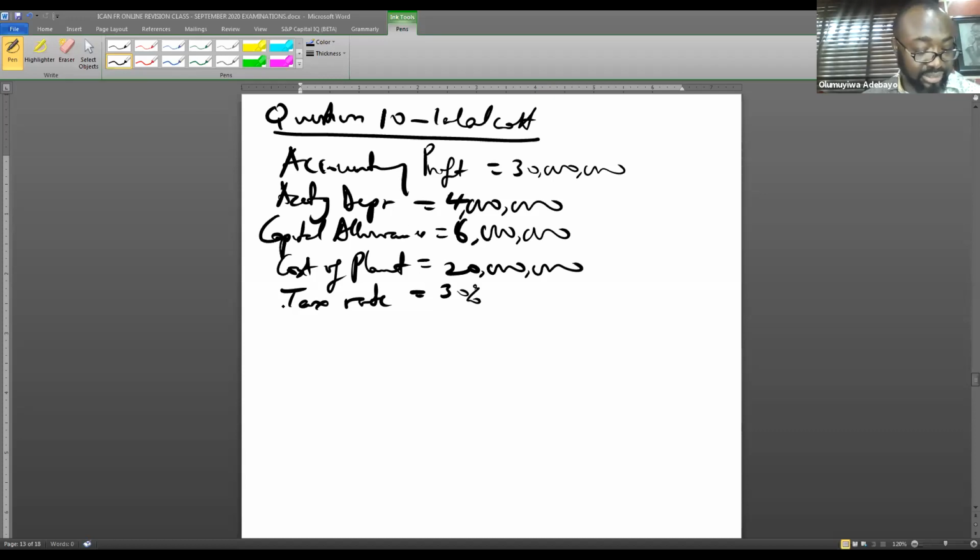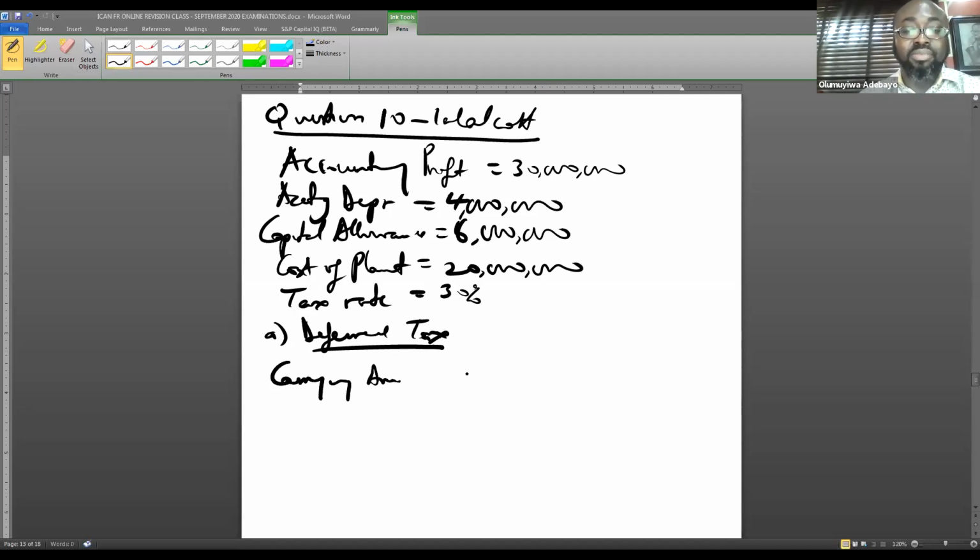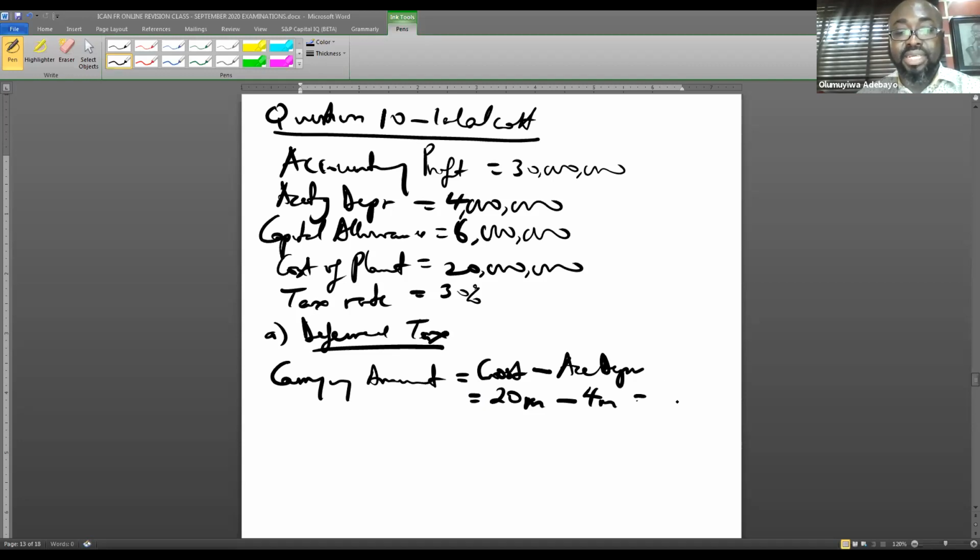The first question says, what is our deferred tax for the year? Now, to determine deferred tax, I look for the carrying amount of the plant, which is my cost of the plant minus accumulated depreciation. This gives me 20 million minus 4 million, which is 16 million.